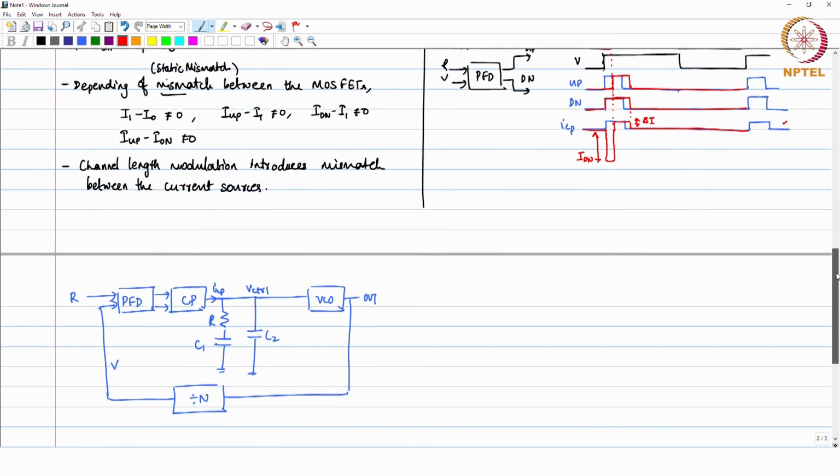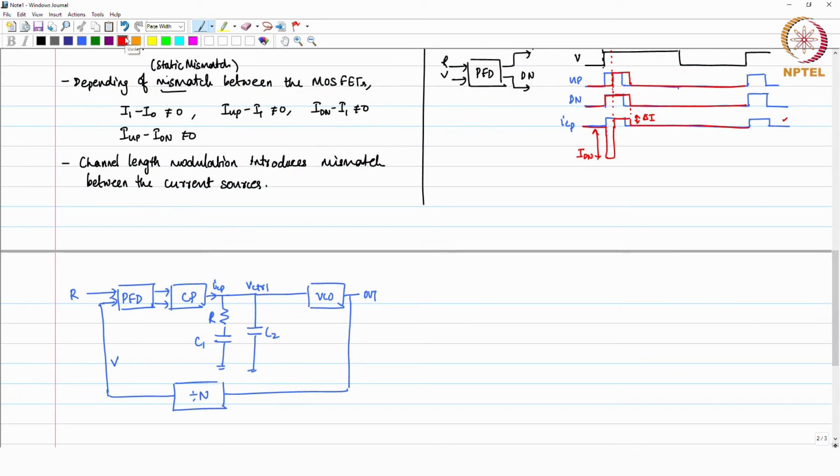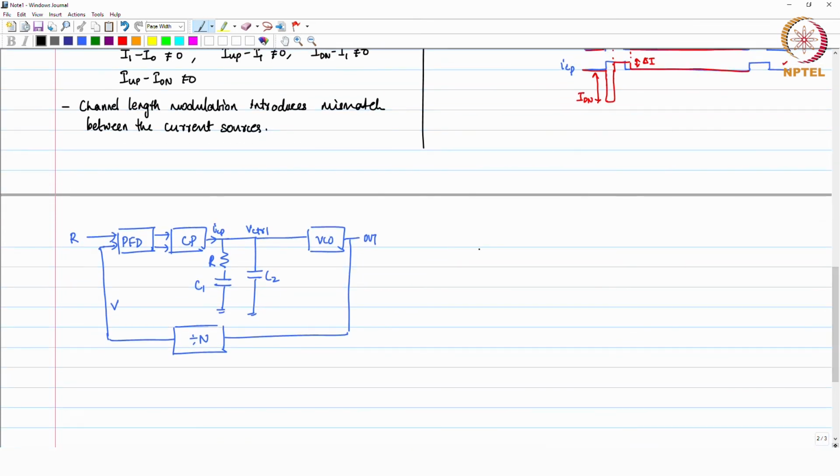Now with respect to this current ICP, I will magnify this, let us say here.